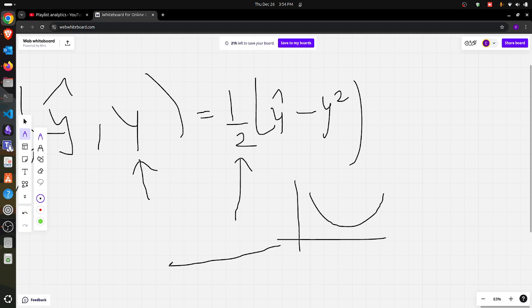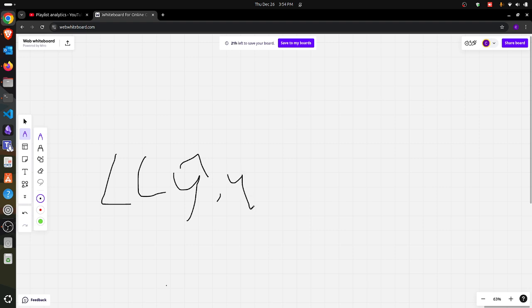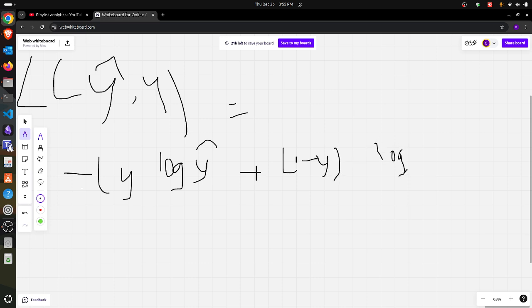So the loss function in logistic regression is going to be L of y hat comma y equals negative y log of y hat plus 1 minus y log of 1 minus y hat. This equation is really important, so please remember it really well.